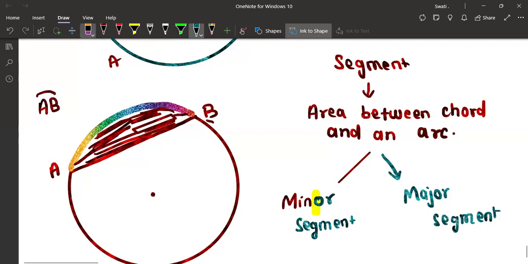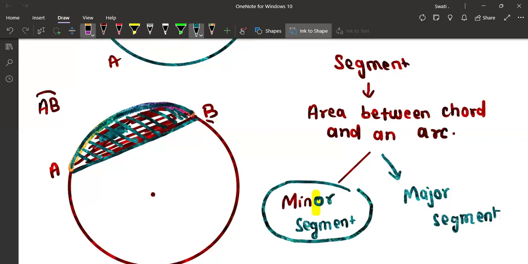For example, you can see that this is an arc of a circle. This is in fact a minor arc, and this is your chord of a circle. The space between the minor arc and the chord will be called the minor segment.